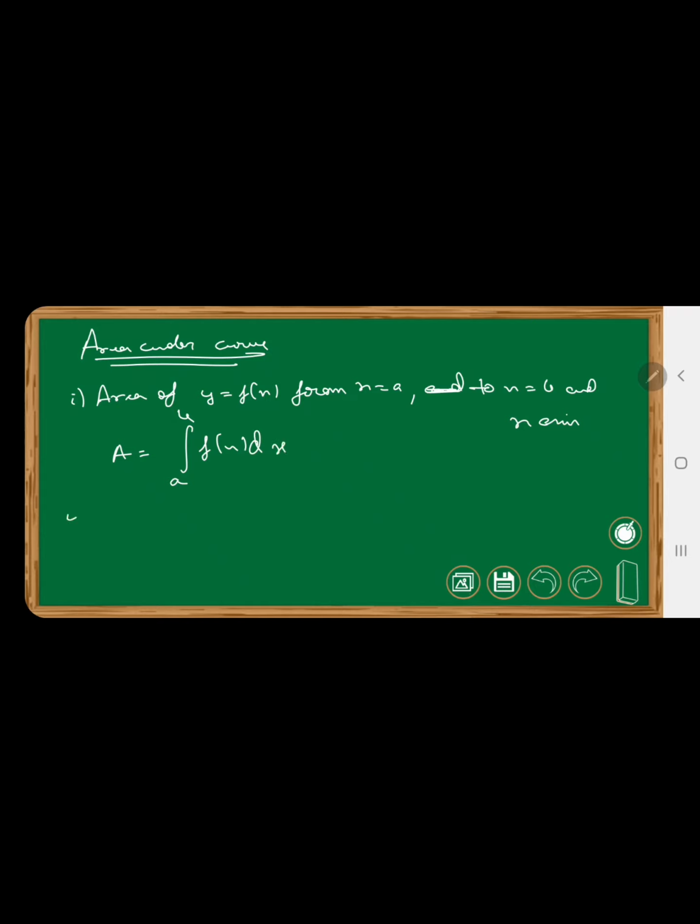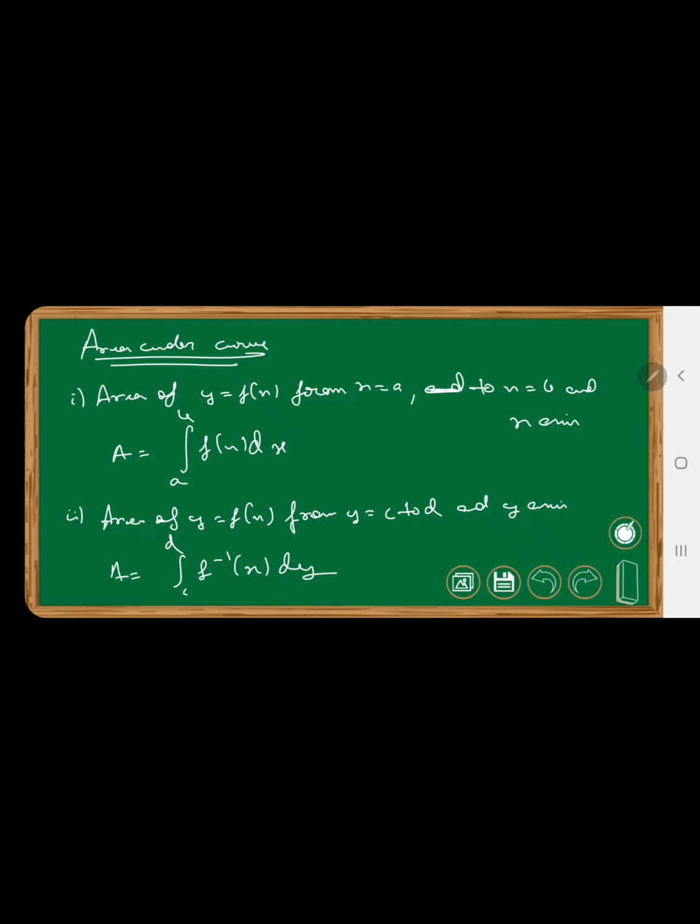Clear? If it is the area of y equals f of x from y equals c to d and the y axis, then the area is given as the integration from c to d of f inverse of y dy. Am I clear? Because f inverse will be given in terms of y. Up till this much is clear, I guess.